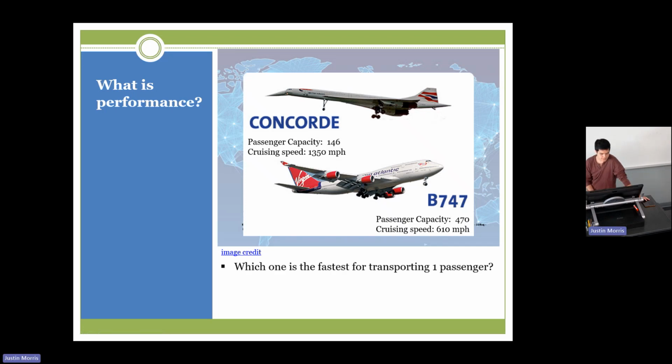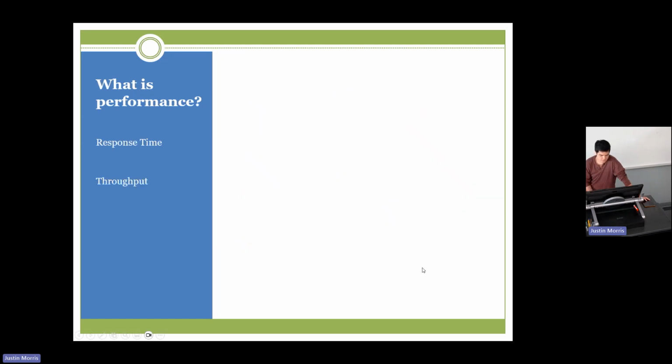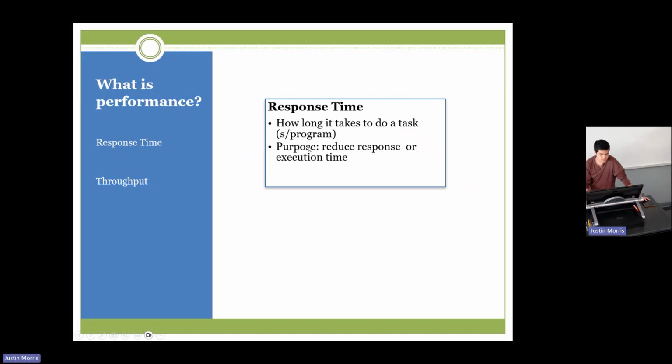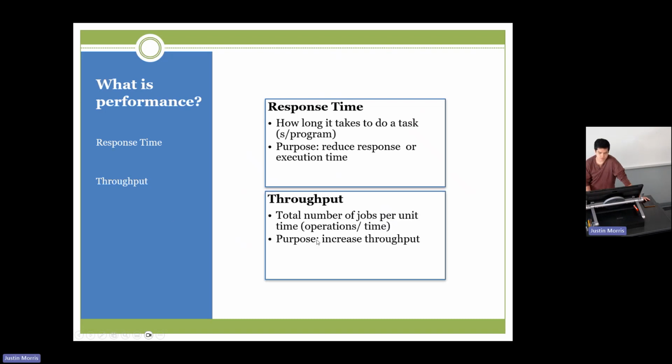So what we want to highlight here is, if we only have one passenger to transport, which one is the obvious choice? Concorde, right? If we have 470 passengers or 400 passengers, which one makes more sense? Right. So the main difference here is response time versus throughput.